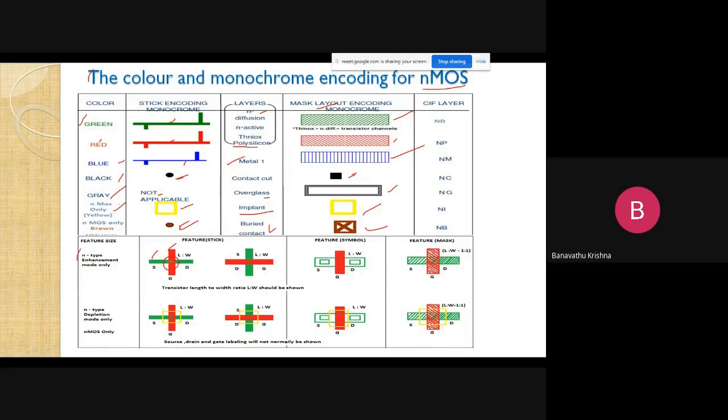It is a square type, right? Here the layer is the N diffusion layer. Then we can say it is an N channel transistor, nothing but an NMOS transistor, right? So here this is the source terminal, this is the drain terminal, and this is the gate terminal.